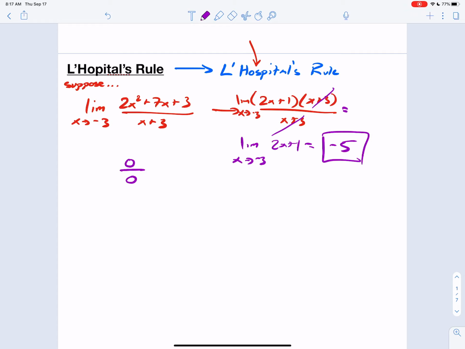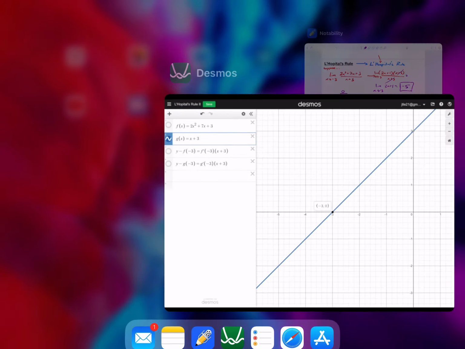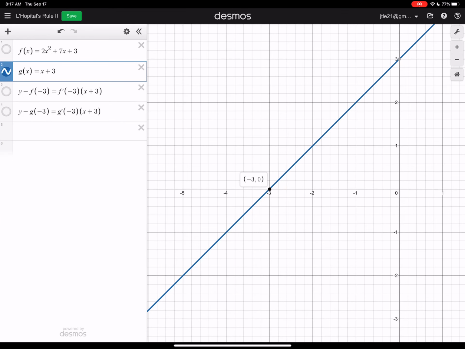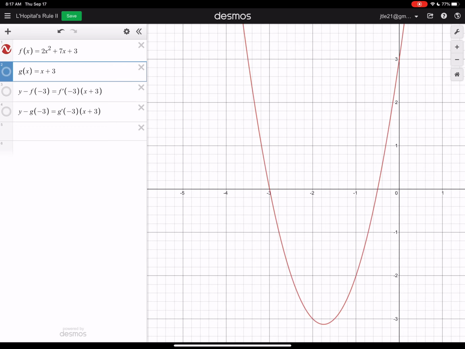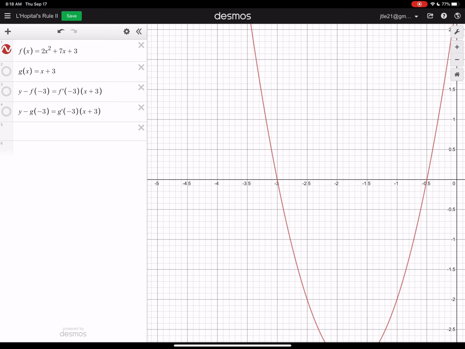All right, so Hopital saw a pattern. Okay, so take a look. What he did was, here's what he noticed. He noticed that when he was finding the derivative, the equation of a line right at -3. So pretty much where the limit as x was approaching -3, right?